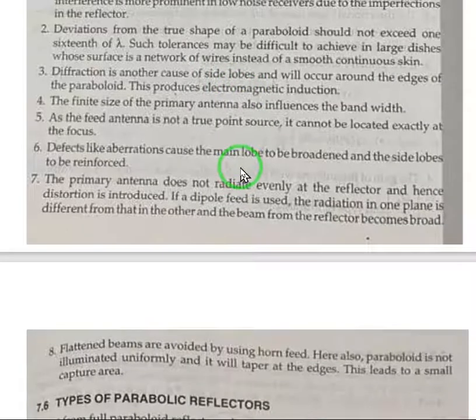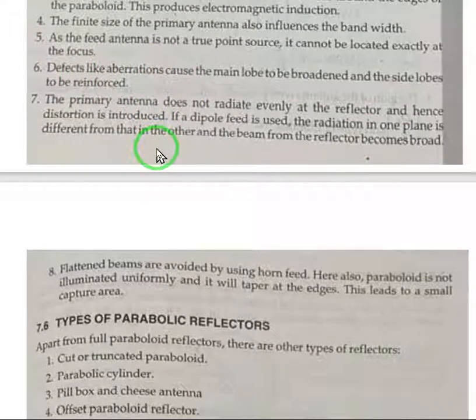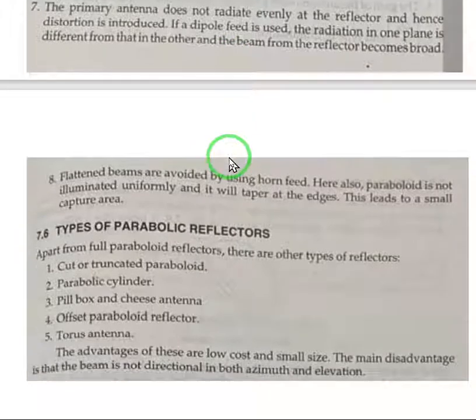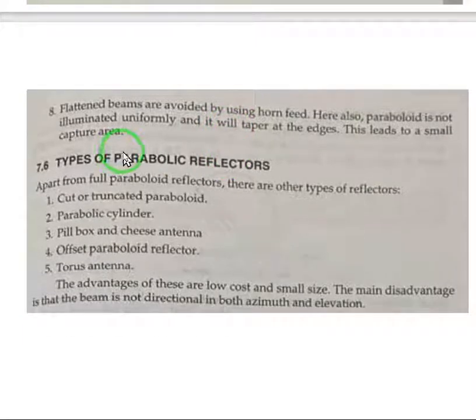Diffraction is the other problem of parabolic reflectors. The primary antenna does not radiate evenly at the reflector and distortion is introduced. In order to avoid the distorted beam, we can also use a horn feed antenna.